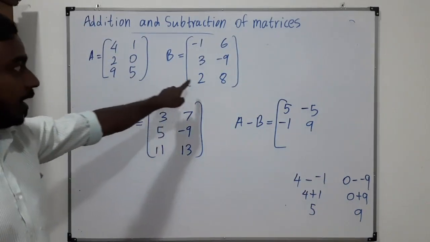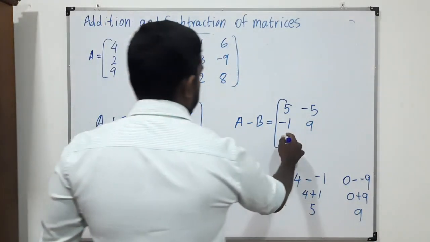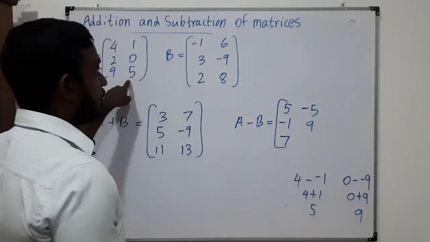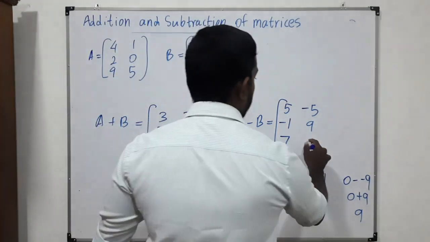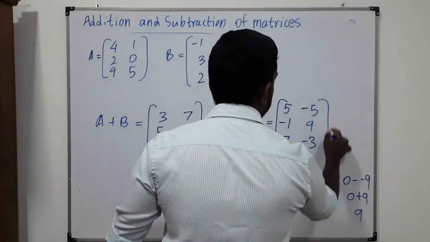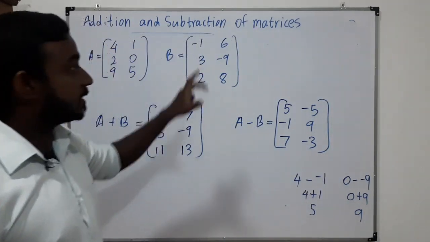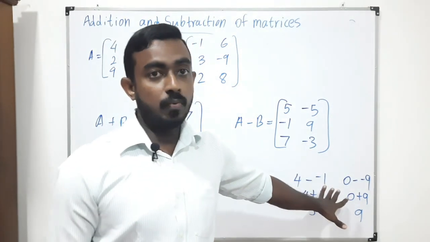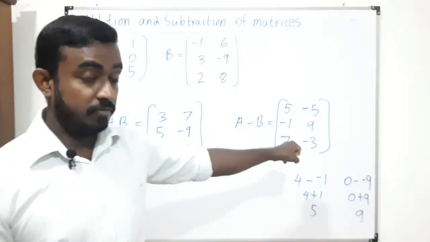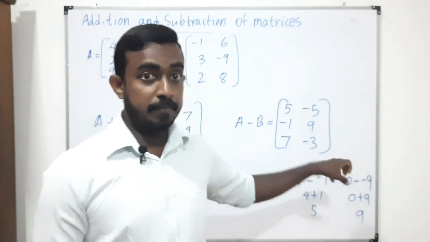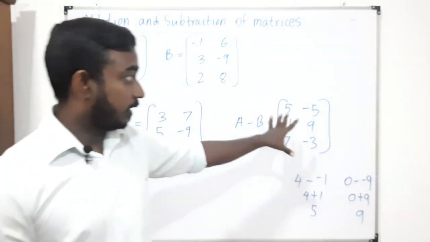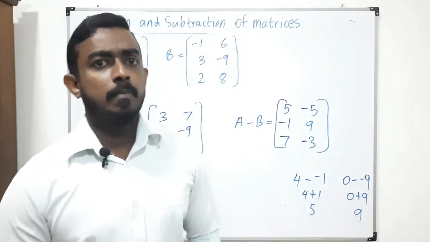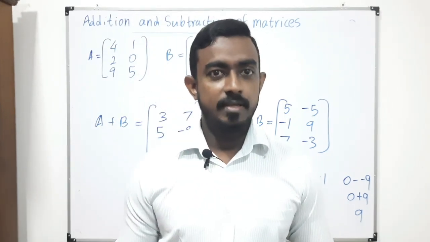Then 9 minus 2 is 7. 5 minus 8 is -3. So in this case, you have to remember this part. Whenever there is a negative value, when you subtract, it becomes plus, that means positive. So you have to be careful when you are doing the subtraction. But for the addition, it will be very easy.